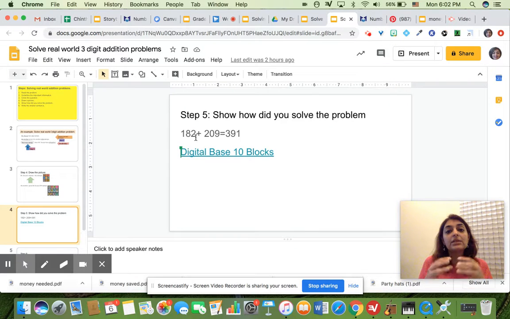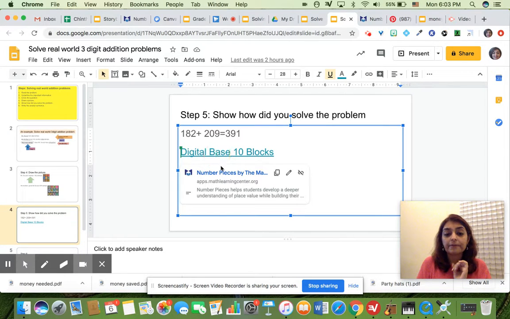So that means I need to add those two addends. So I would have to add 182 plus 209. And as these two addends do require regrouping, I would encourage you to use the digital base 10 blocks, and here they are.